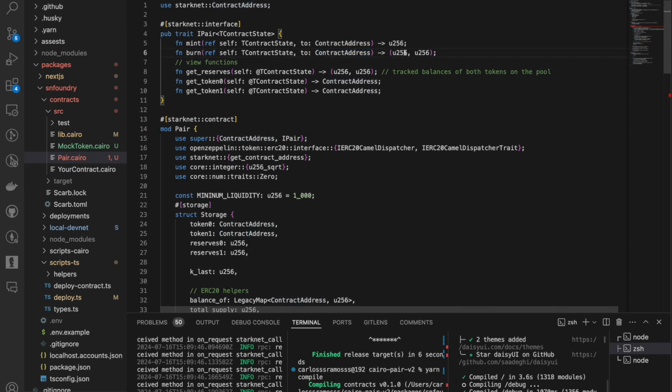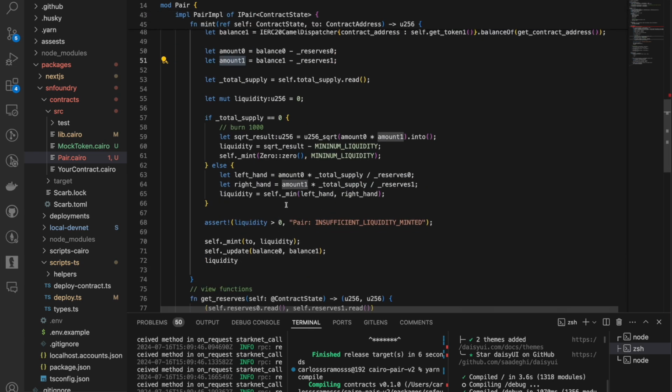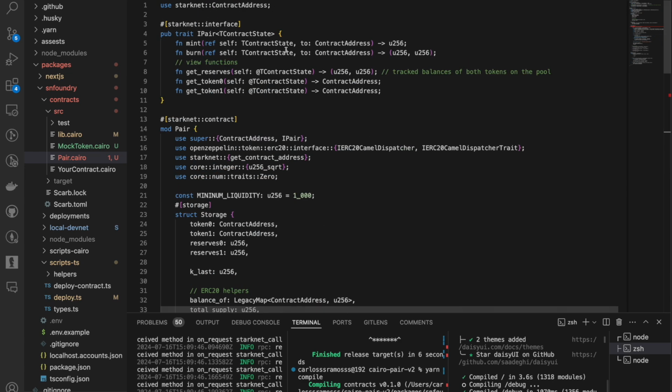The burn will give me two outputs. One of them is going to be the token 0 amount. The other is going to be the token 1 amount. Why? Because as in mint, we have to deposit 2 tokens and get some liquidity, just 1 liquidity token for depositing 2. Here we will be sending liquidity tokens and burning those and getting in exchange some of the tokens, like token 0 and token 1. So that's why we have 2 outputs here.